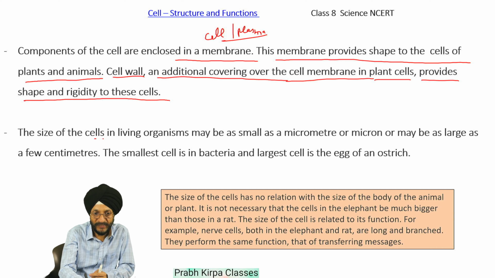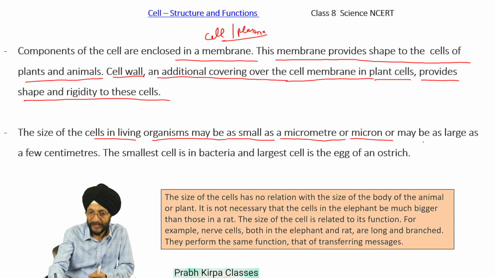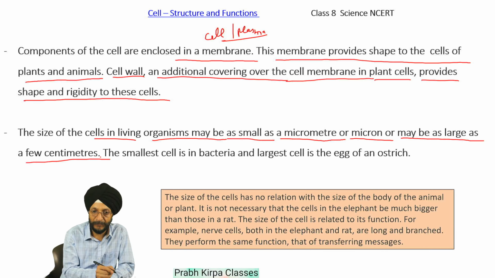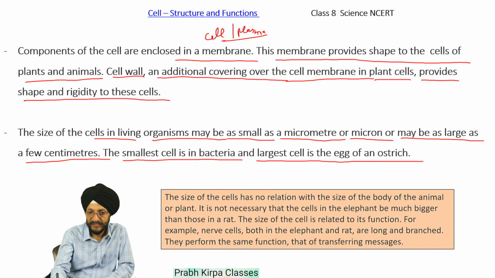The size of the cells in living organisms may be as small as a micrometer or micron, or may be as large as a few centimeters. The smallest cell is in bacteria, and the largest cell is the egg of an ostrich. Next, another point to remember: the size of cells has no relation with the size of the body of the animal or plant.